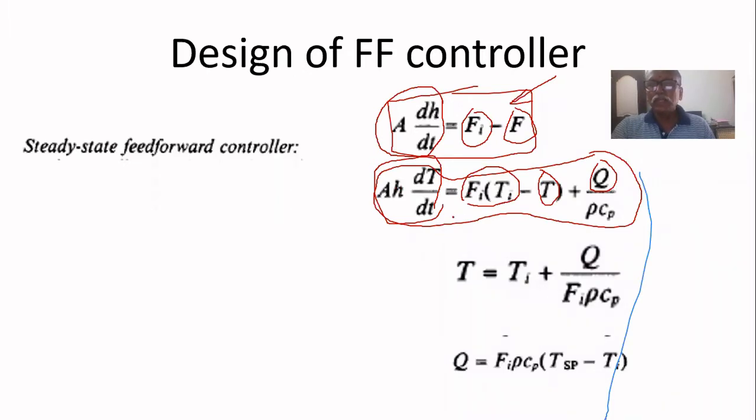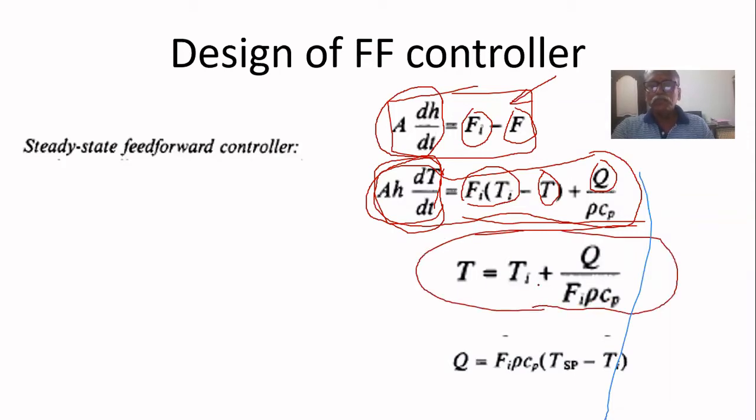Let us assume that there is no accumulation of heat, no deviation: dT by dt is 0. At steady state, this part must be 0. Therefore, if you write the equation for steady state, right hand side equal to 0, dividing both sides by Fi, you will get T equal to Ti plus Q by Fi rho Cp. So we got one expression for T.